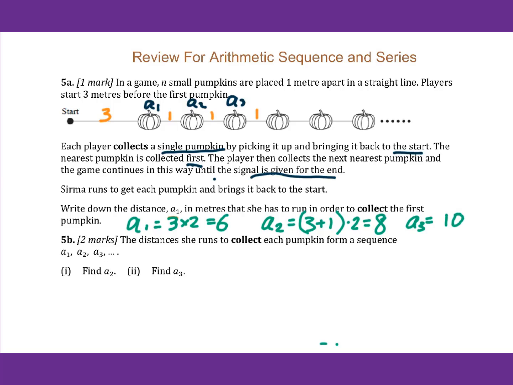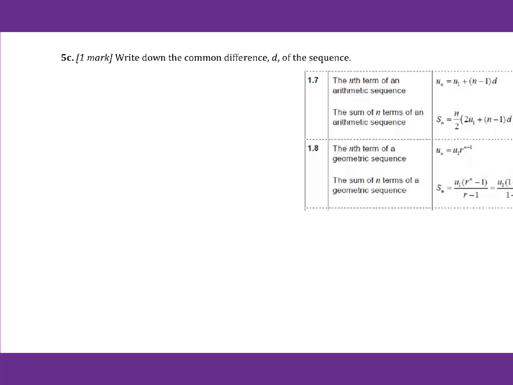So we get the sequence 6, 8, 10, and so on. For 5b, A2 will be 8, A3 will be 10. 5c, write down the common difference D. That will be 2, because you have 6, 8, 10.